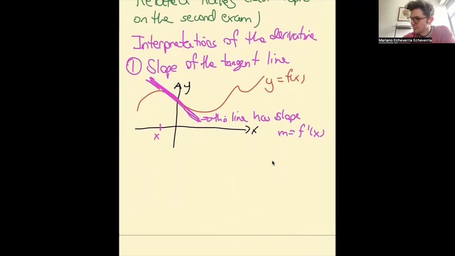The more general conception of a derivative is as an instantaneous rate of change. Let me explain what I mean by that.